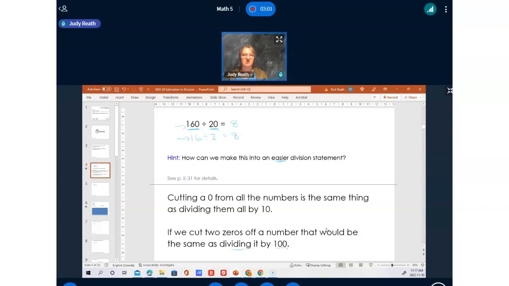So I don't like using this terminology, cutting zeros off, because it makes it sound like you can just cut zeros off without any regard to what happens after that. And that's not true. You have to understand what you're doing when you're cutting those numbers off. That's why I like referring to dividing them by 10 or by 100.